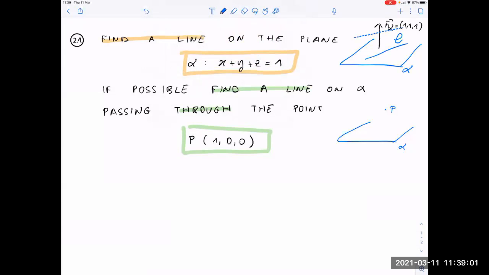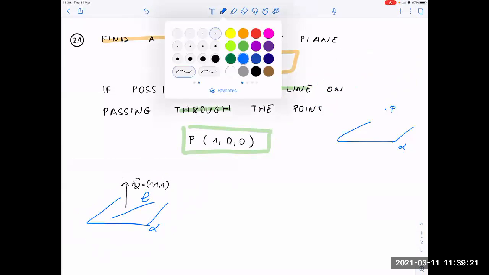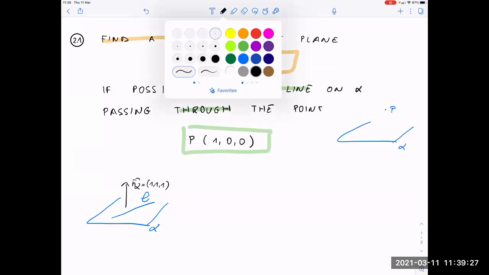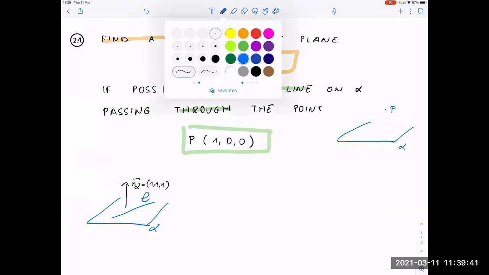Any line orthogonal to n alpha is probably a little bit too much, because a line like this would be orthogonal to n alpha, but it is not lying on alpha.